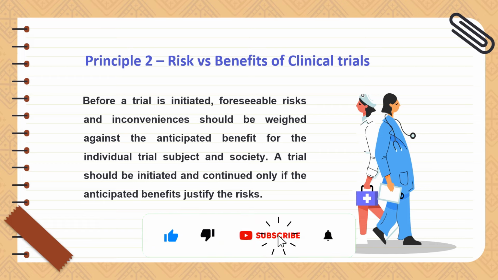A trial should only be initiated and continued if the anticipated benefit justifies the risk. So you cannot just say that you will benefit from this trial, but the benefit should justify the risk also. Not necessarily all trials will be given approval unless it justifies the risk that the participants should take to enter this trial.